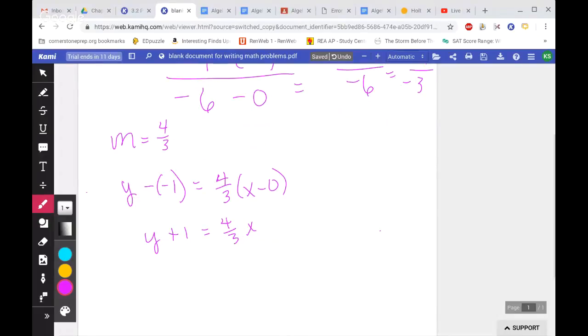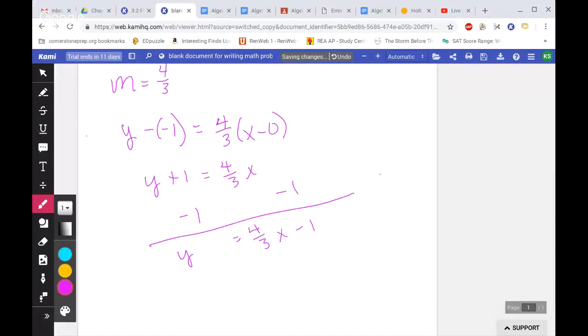And then 4/3 times 0 is nothing. So I'm going to move my constant to the left, and now I'm in slope intercept form.